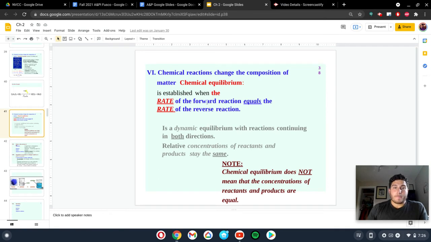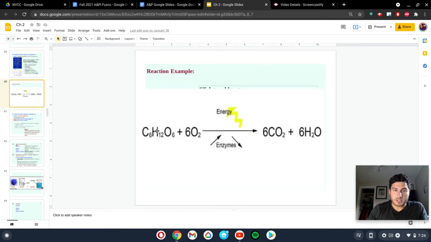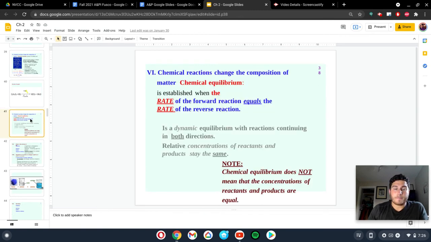So, chemical equilibrium means that the rate of the forward reaction, the reaction going from reactant to product, is the same as product to reactant. What the heck does that mean? That means that sometimes, and in a lot of cases, we just don't really talk about it that often, chemical reactions actually go both ways.